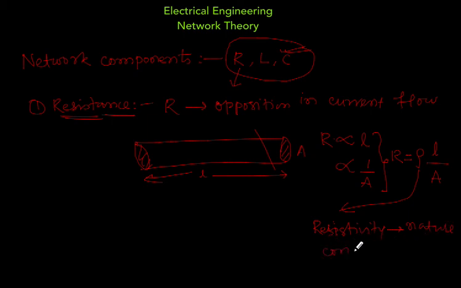For conductors, its value is less. For insulators, the value of resistivity is very high. So the value of resistivity will define whether a particular material will be able to conduct electricity or not.